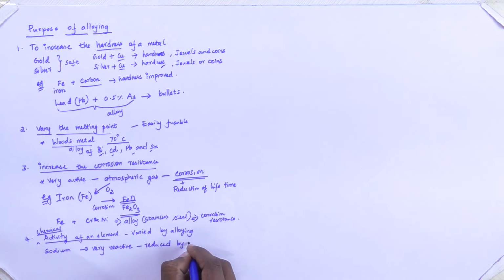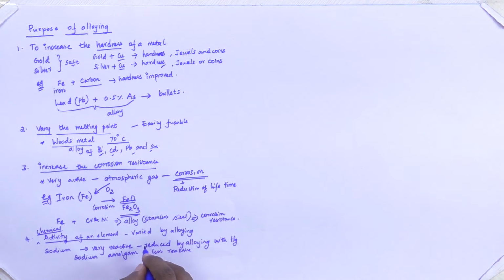by alloying with mercury. Hg is mercury. So on alloying, we will get sodium amalgam. So this sodium amalgam will make the sodium less reactive. So thereby we have reduced the reactivity of sodium.